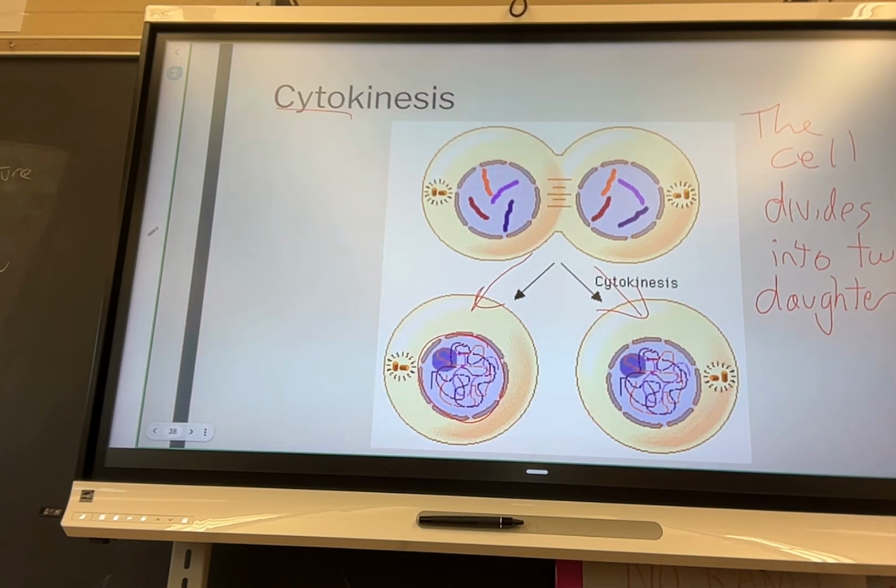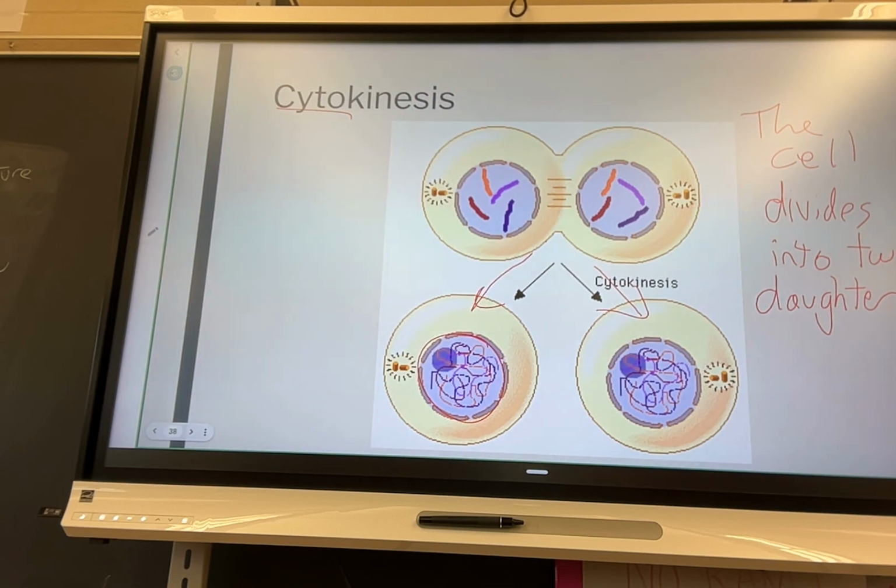Now there is, hold up, there is a very easy way to remember this. Because remembering prophase, metaphase, anaphase, telophase, cytokinesis is a little much. So there's a very easy acronym to remember this.